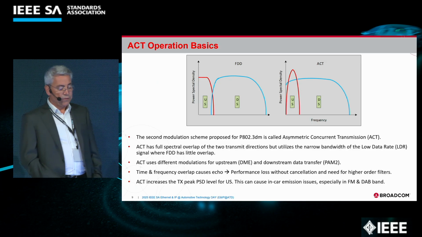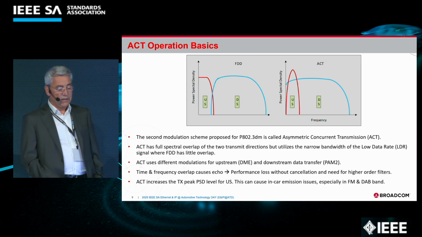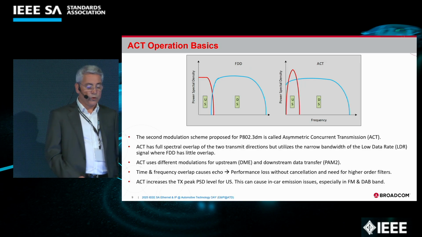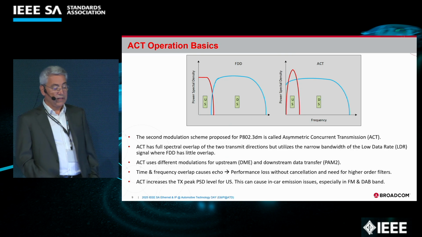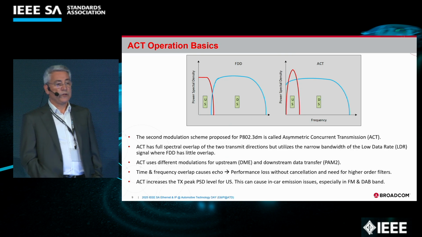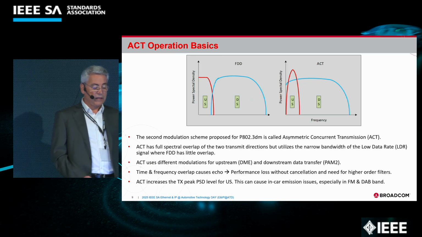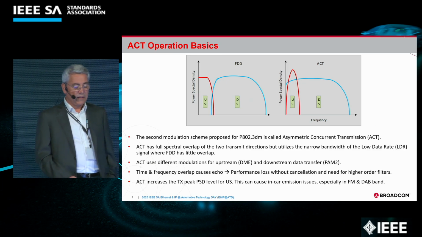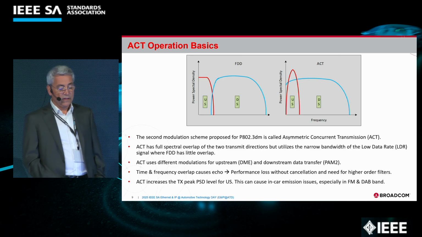The time and frequency overlap of the ACT causes echo signal. Performance loss can be observed without the echo cancellation and may need higher order filters. ACT addresses this issue by increasing the TX peak power for the upstream. However, this can cause in-car emissions potentially, so this needs to be paid attention to.